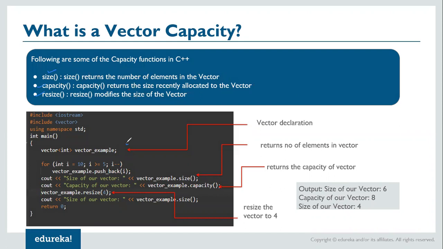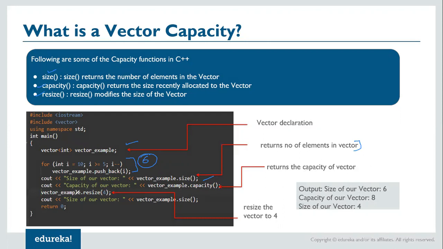So let's say we are declaring a vector here. After that, we put 10, 9, 8, 7, 6, 5 entries in the vector. So it is 6 elements we are putting, right? Now, if you go ahead and display the size, this will return the number of elements in the vector, as you can see. Capacity returns the capacity of the vector.